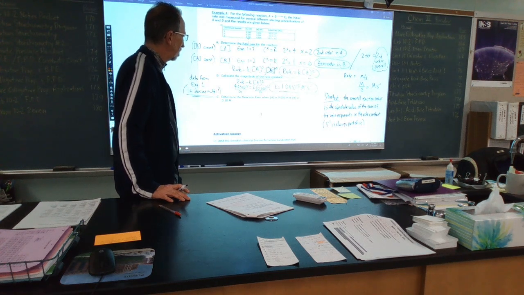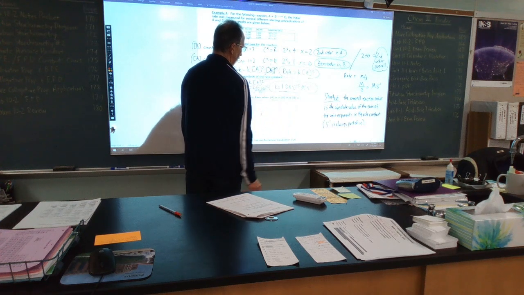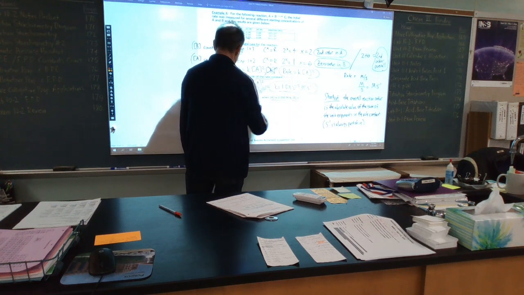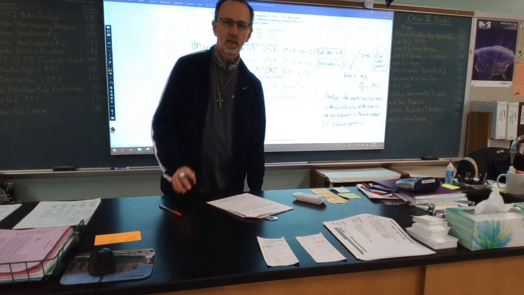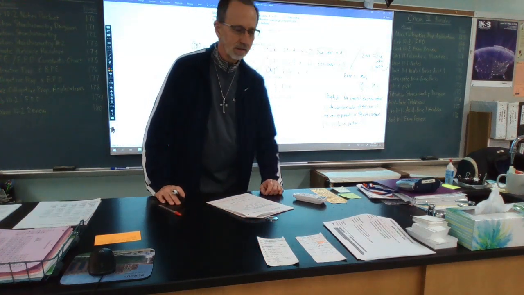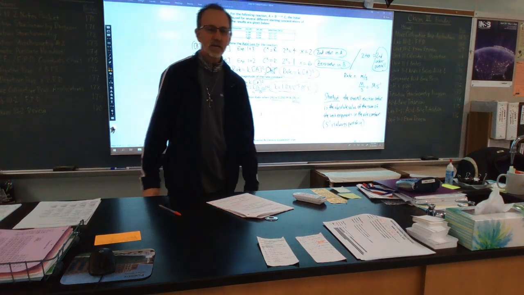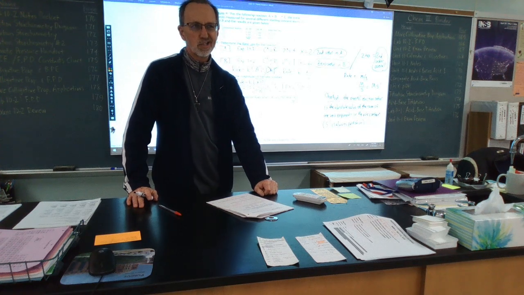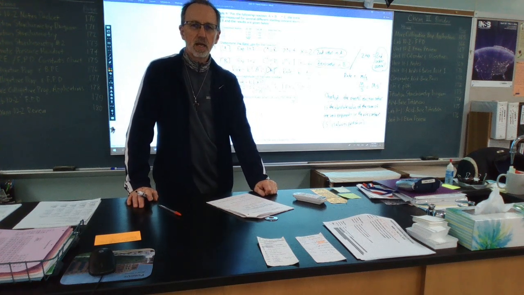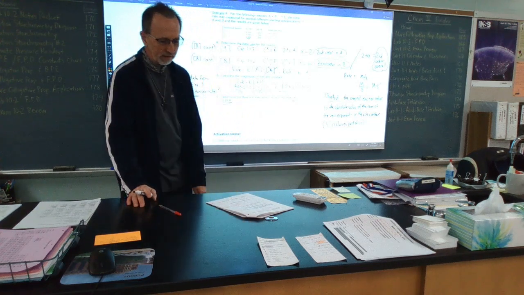Letter C, determine the rate when A is 0.0500 molar and B is 0.10 molar. Ha! Why'd I say ha? I don't care if B is 999 million molar. Not that you can make a solution that concentrated, but it's not going to affect the rate. Right? It's not affecting the rate.